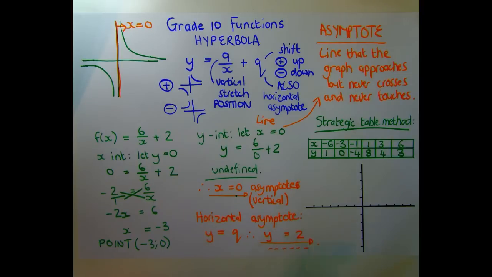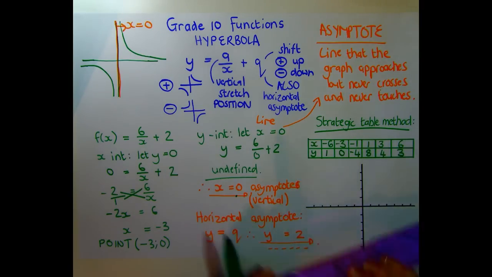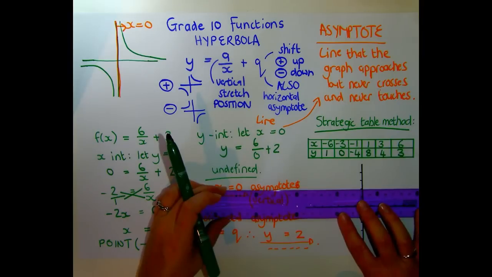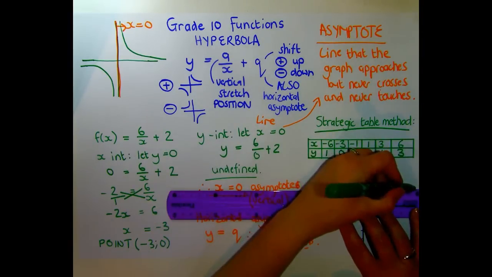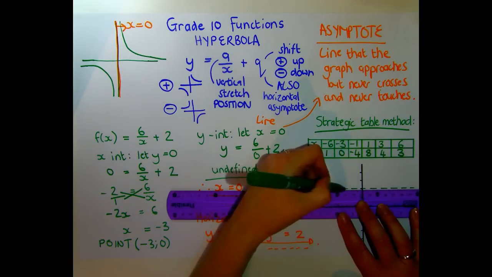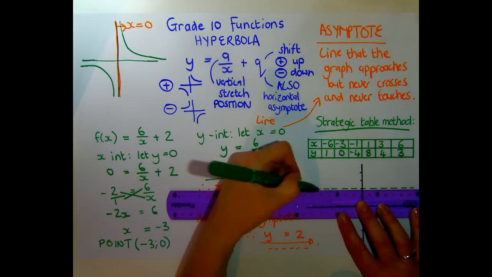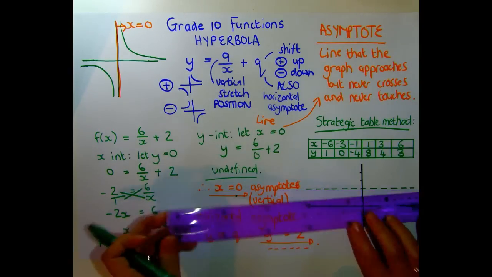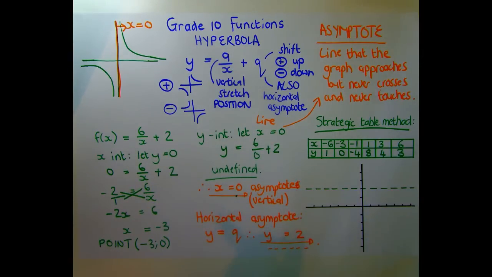Okay, so the best idea is to start with the asymptote. My asymptote is the line y equals 2. This is the y-axis. The line y equals 2 goes over there. It's the horizontal asymptote. When I plot the asymptote, I am going to label it, and I'm going to plot it using a dotted line. And that indicates it's a line that this graph may never touch.